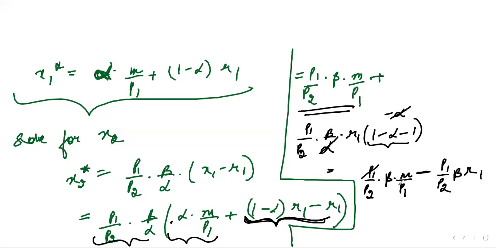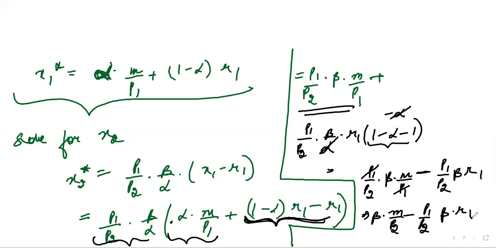Now, P1 and P1 of course get cancelled out from here. So you'll be left up with beta into M by P2 minus P1 by P2 into beta into R1.